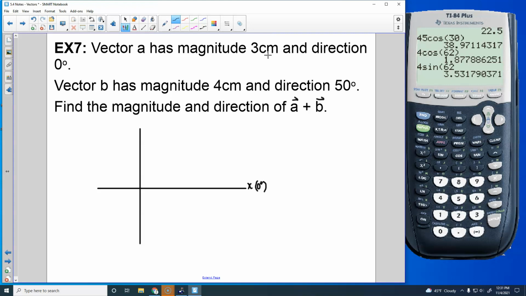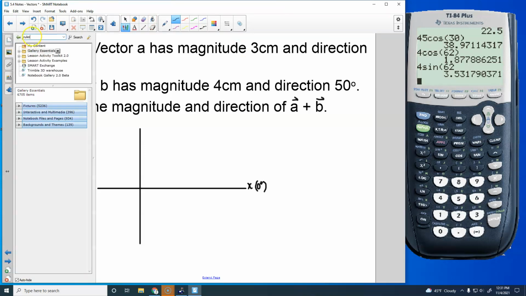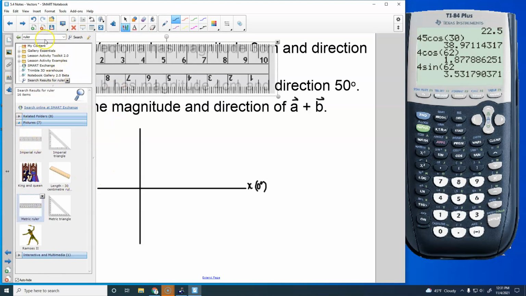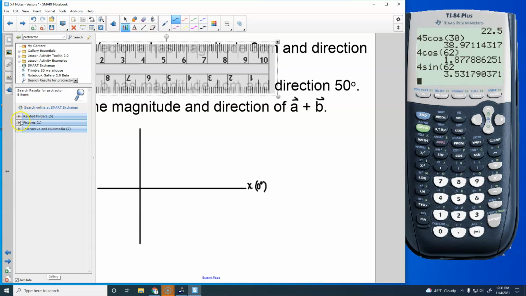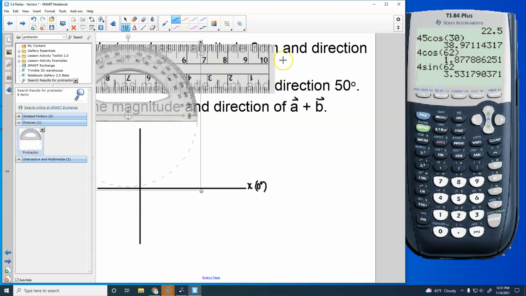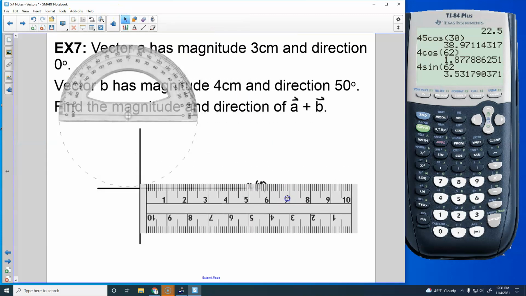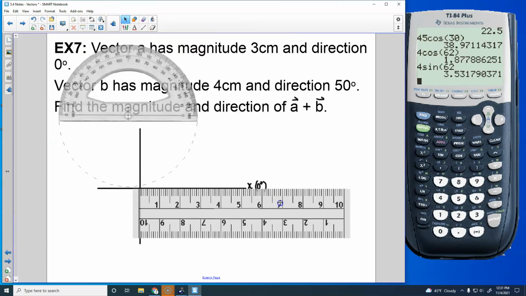But whenever we get to the ones that are a little bit more complicated, I do suggest actually drawing these to scale. So I'm going to pull up this ruler and the protractor. Alright, and you may have to sort of scale it, because this one's pretty easy because it says centimeters, so we can actually probably fit this on here.